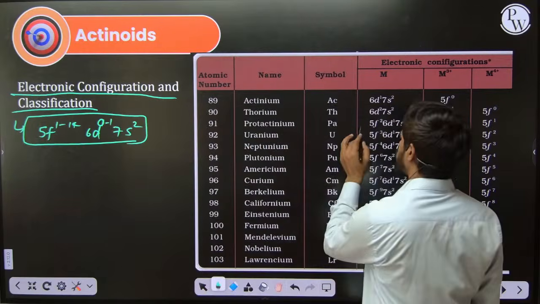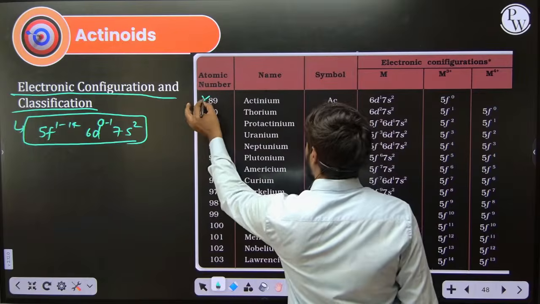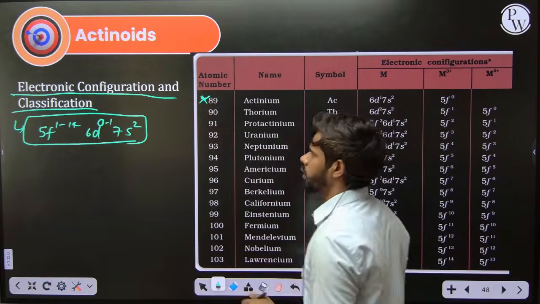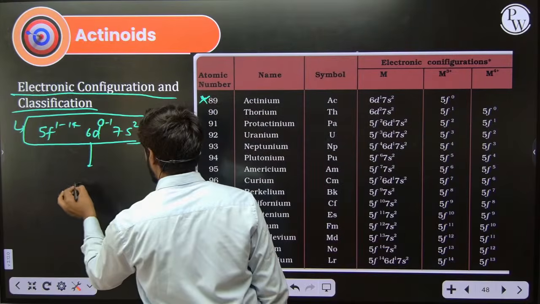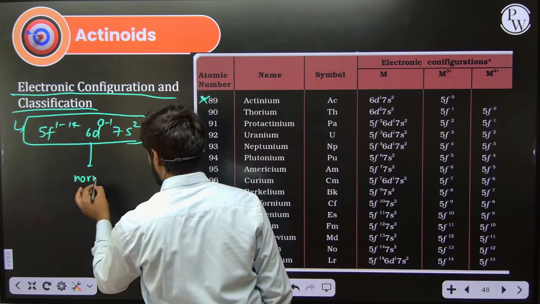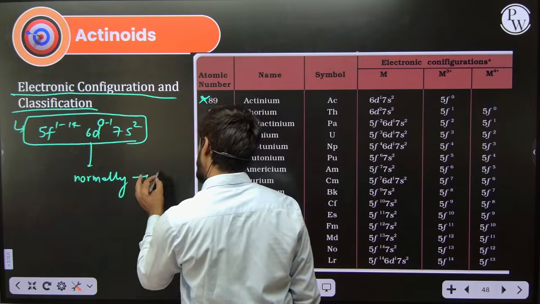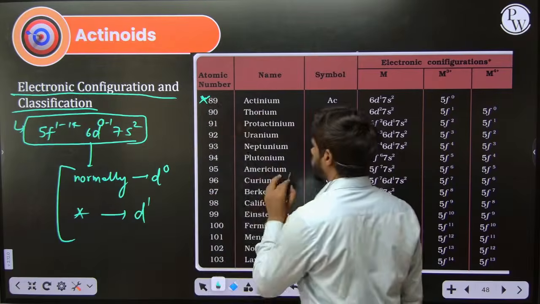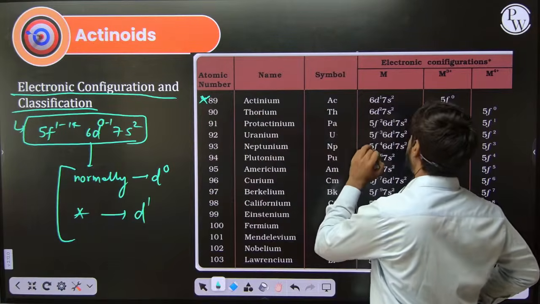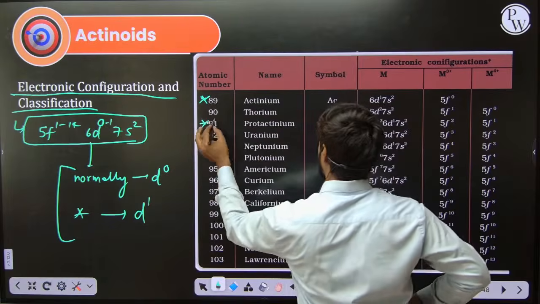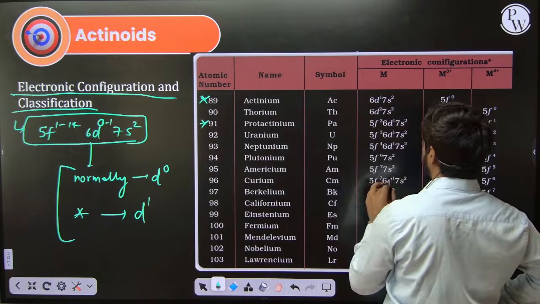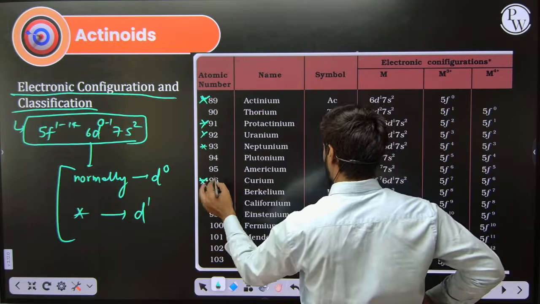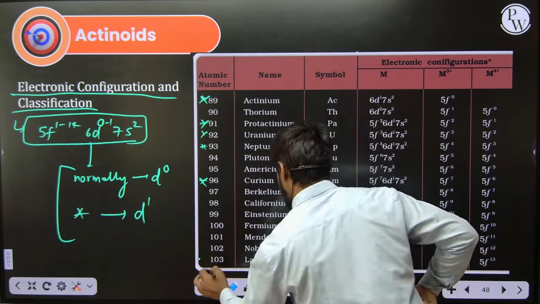In some actinides we get a d1 configuration. Otherwise normally it is d0. The d1 configuration is there for protactinium, uranium, neptunium, curium, and the last one, lawrencium.